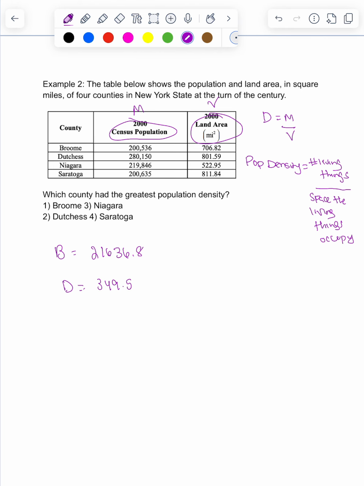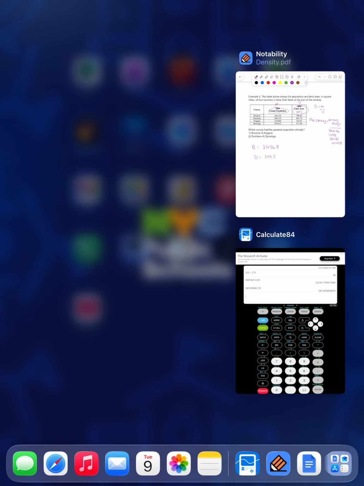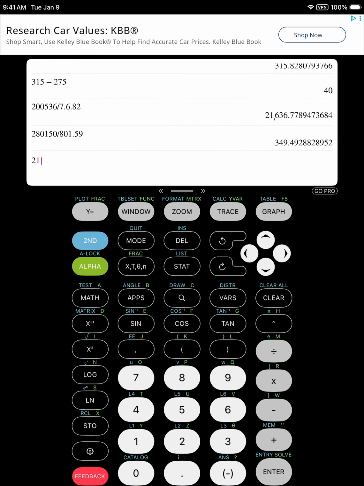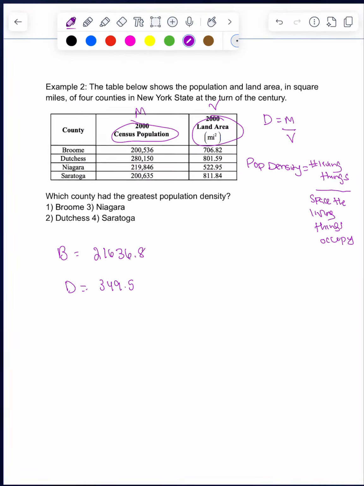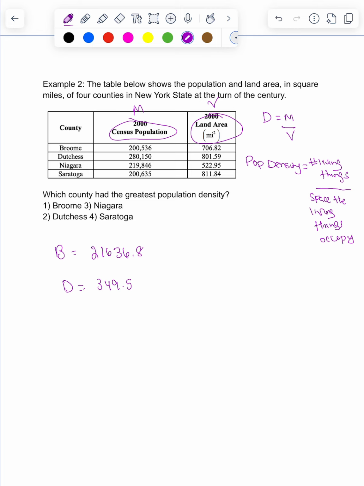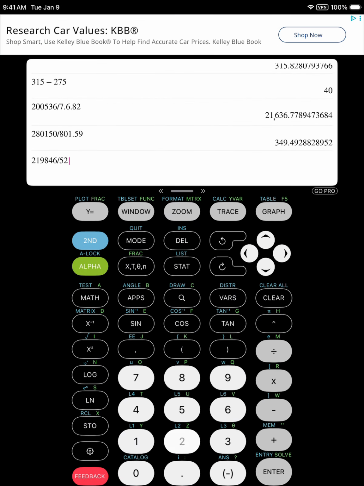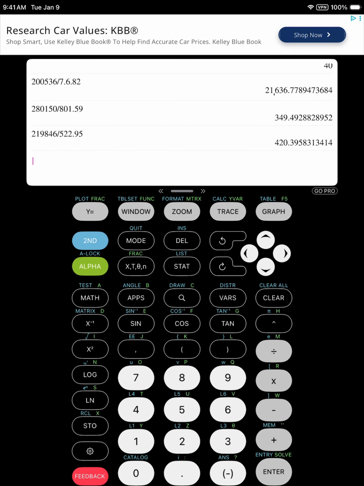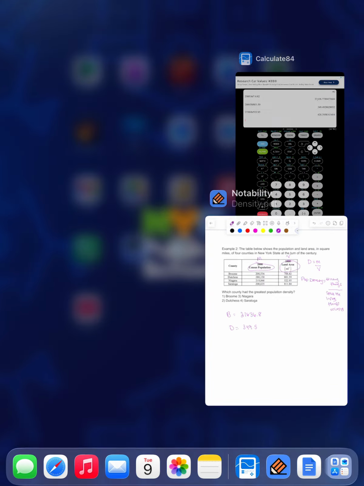And then we have 219,846 divided by 522.95. Okay, bigger, but still a lot smaller than the first one, 420.4.